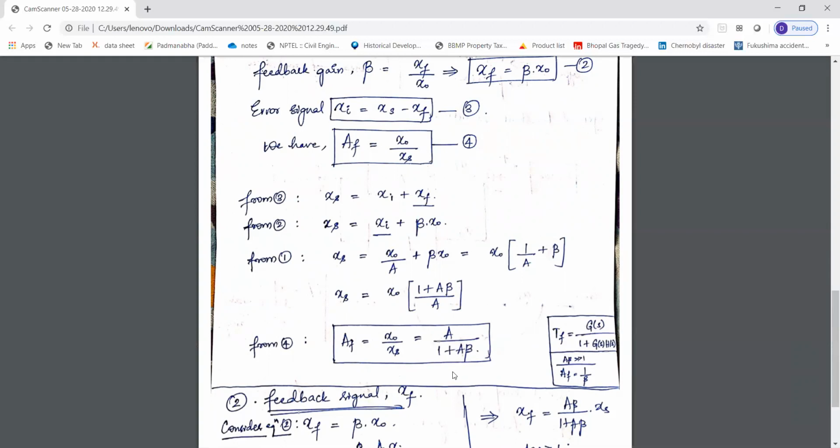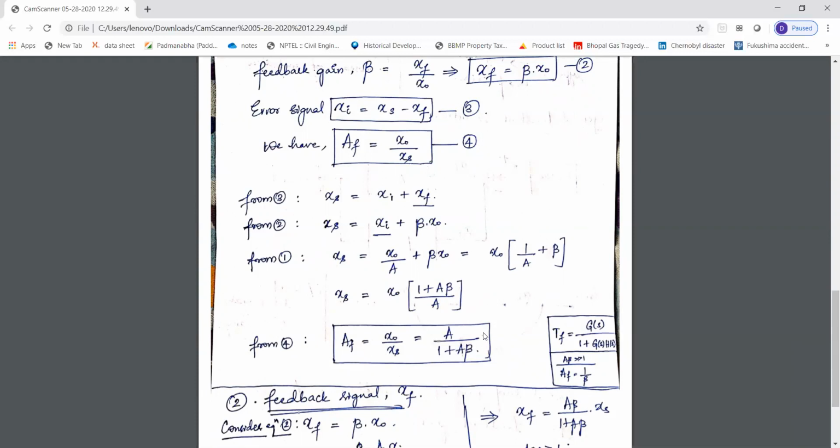Next, we will apply a condition where a beta is very much greater than 1. So if this condition is applied to this equation, a plus a beta will almost be equal to a beta. Okay. So now what I have here is a divided by a beta. Both a's in the numerator and denominator will get cancelled. Remaining will be 1 by beta. So AF will depend more on the feedback gain, that is beta.